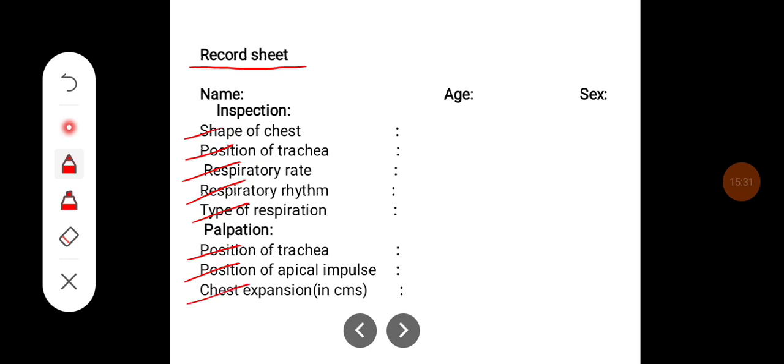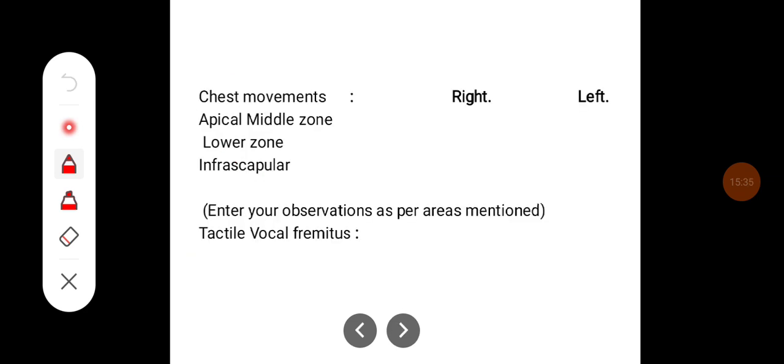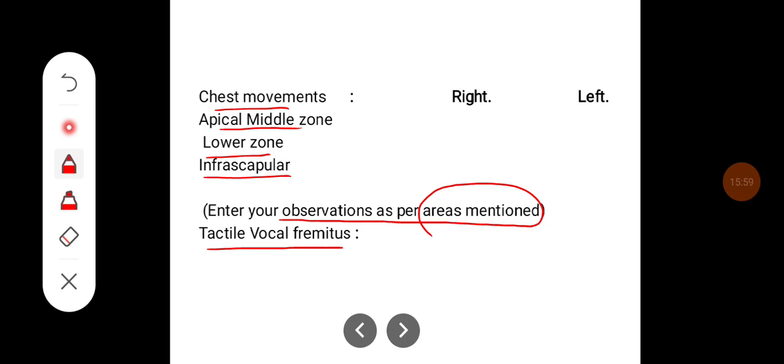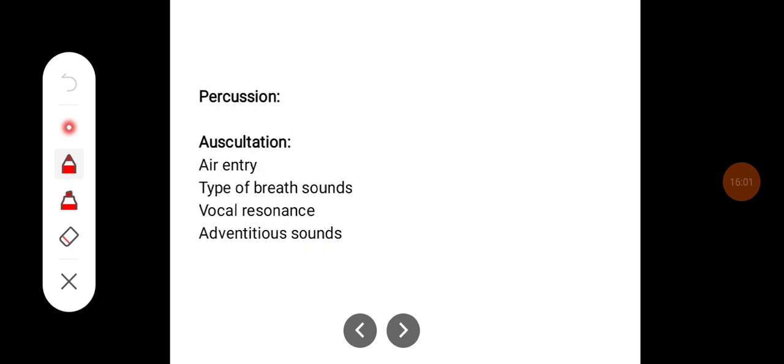You have to measure the chest expansion in centimeters. Then mention the chest movements in the apical or upper zone, middle zone, lower zone, and posteriorly the infrascapular area. Enter your observation as per the areas mentioned, that is, all the 9 areas of observation. Then mention the tactile vocal fremitus in all lung fields.